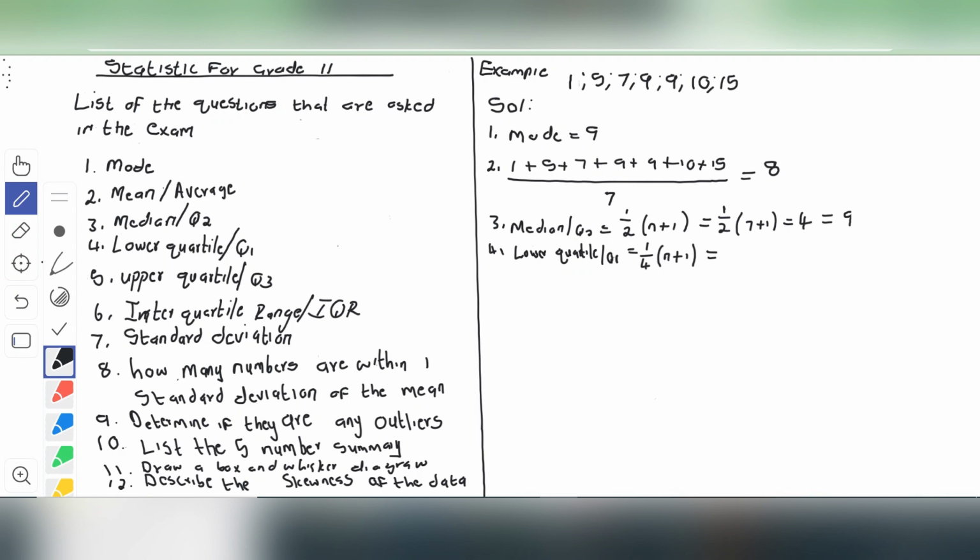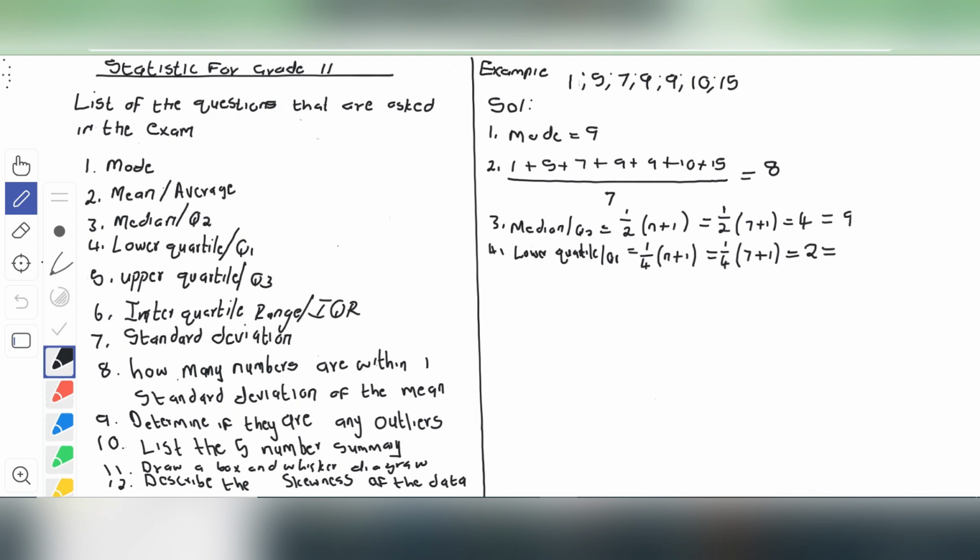Already we know that n represents the total number of the data set. Therefore, it's going to be 1 all over 4 into 7 plus 1, and we found that the answer is 2, right?